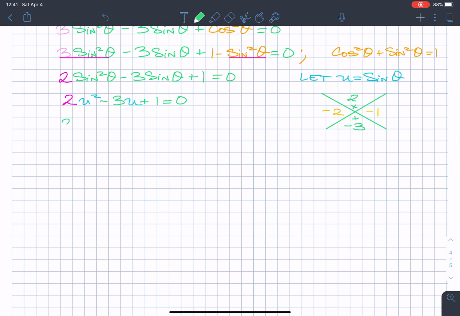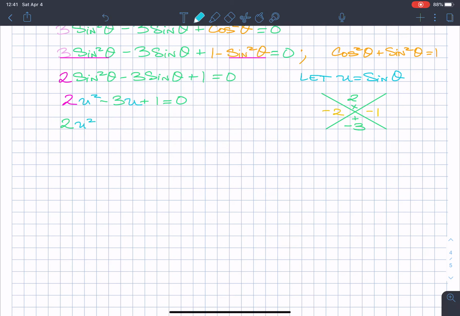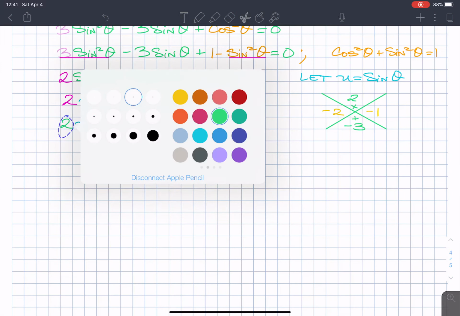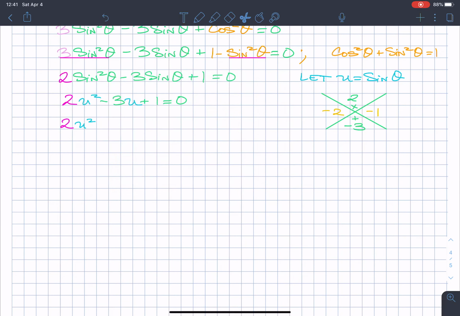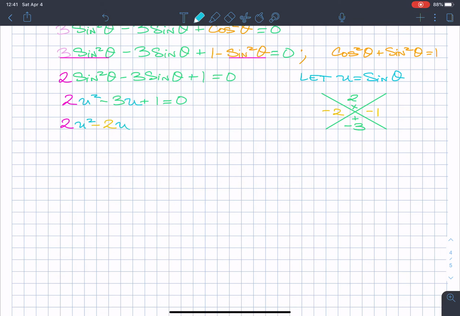So I can rewrite this as 2u squared, maybe I'll keep that hot pink, minus 2u, then minus 1u plus 1 is equal to 0, and now I can factor by grouping.